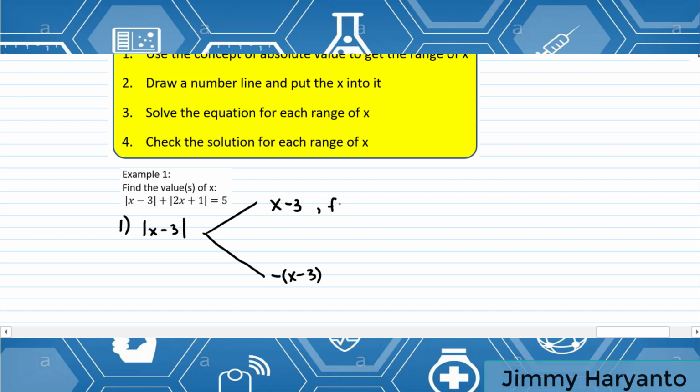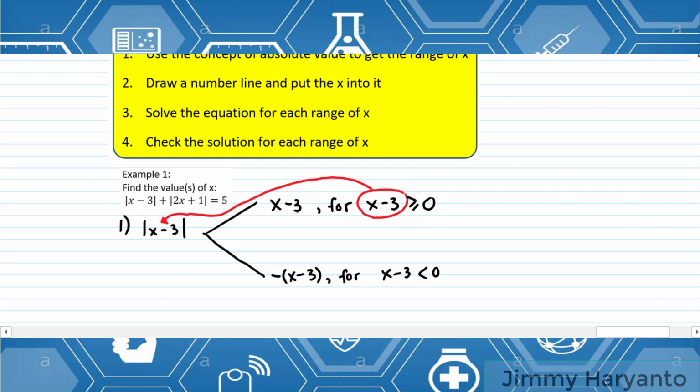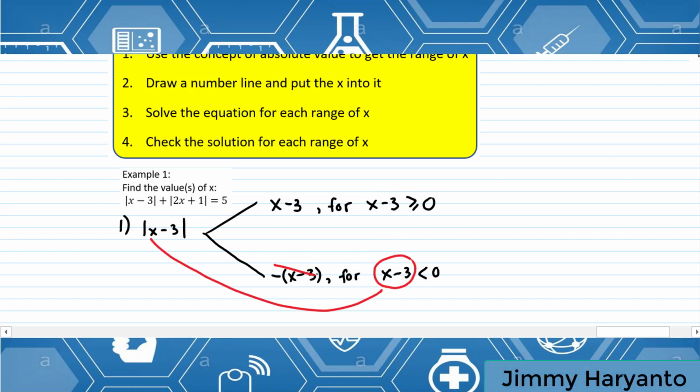But this time we write for x minus 3 greater than or equal to 0, and for the second one, x minus 3 less than 0. Where do we get this from? We get this from the question, not from this one.